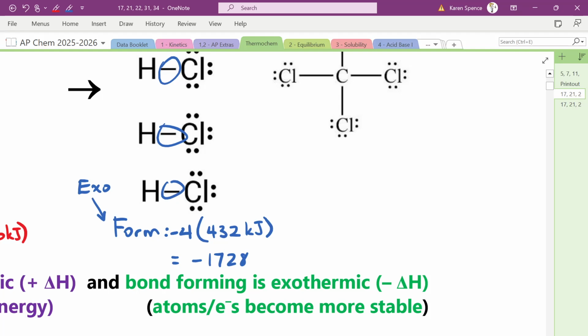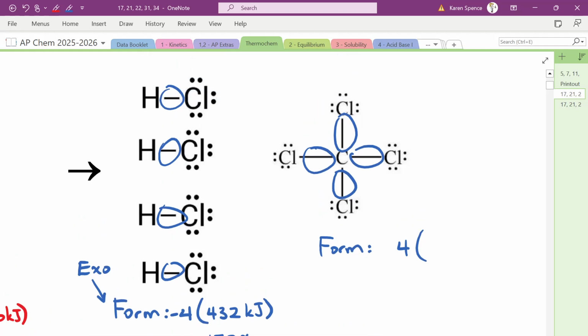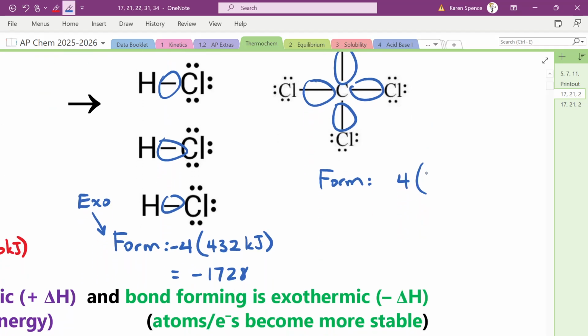And finally, we are also forming 1, 2, 3, 4. 4 times, and the CCl bond is 397 kilojoules.